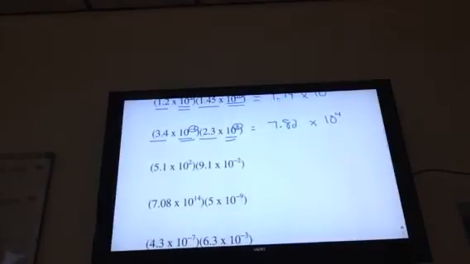The next three are a little trickier. 5.1 times 9.1. Please make sure you have calculators. I don't want you having to spend your time doing that off to the side. Times, and then 2 and negative 2 give me 0.